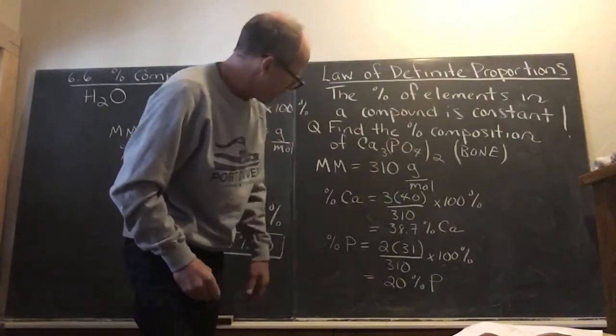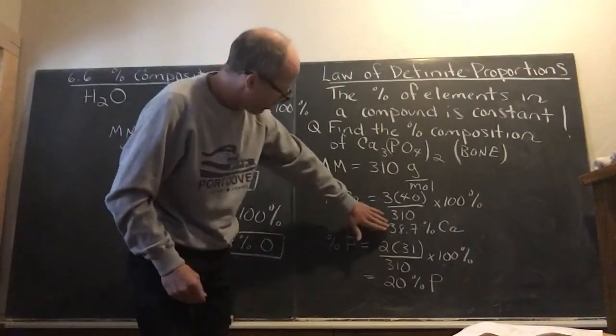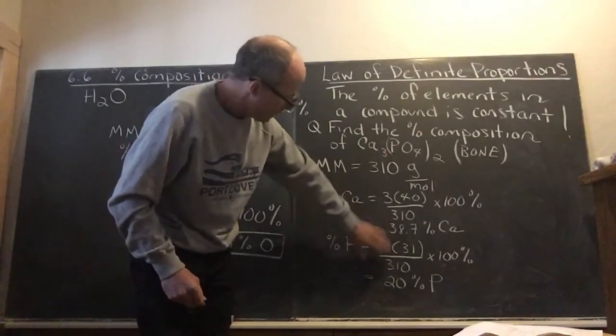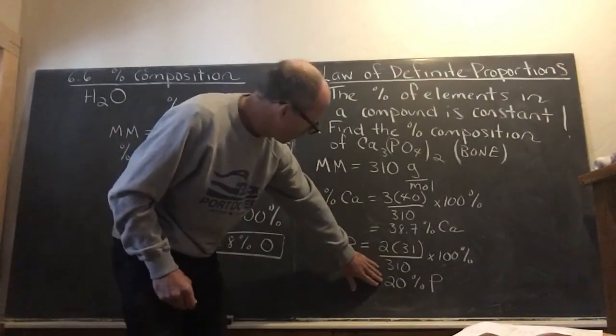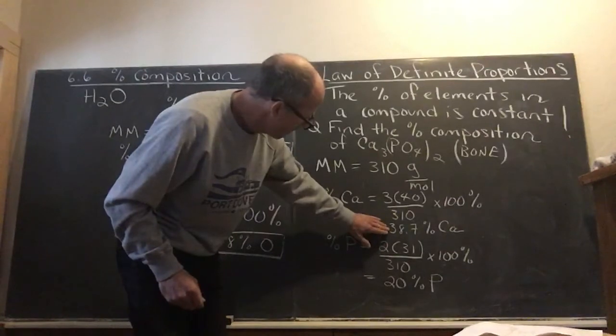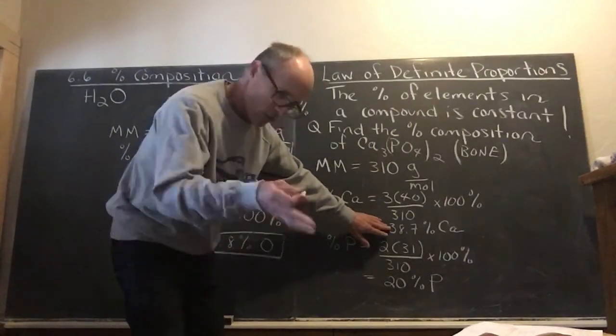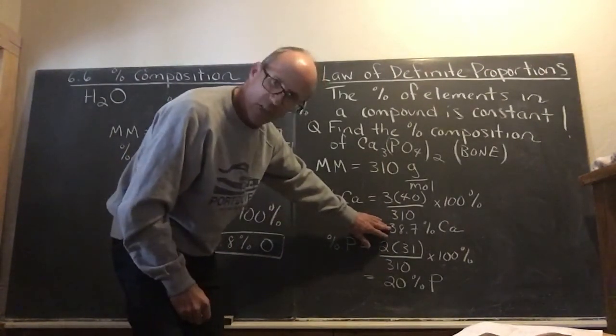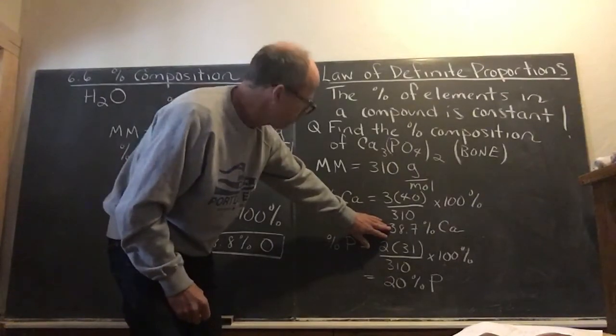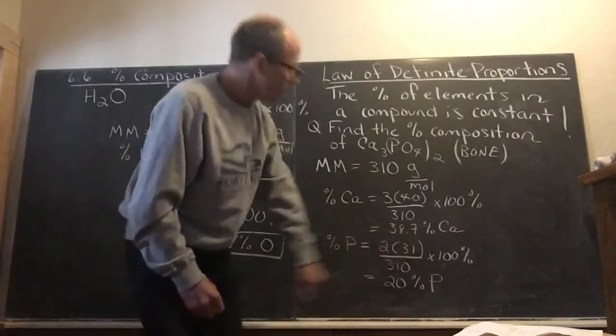The only one left is the O. So I can look at this and say, well, I've got 38.7 here and I've got 20 here. Takes me to about 58.7. Therefore, the remainder, which is a little more than 40, I guess 41.3, should be the O. But let's do it.